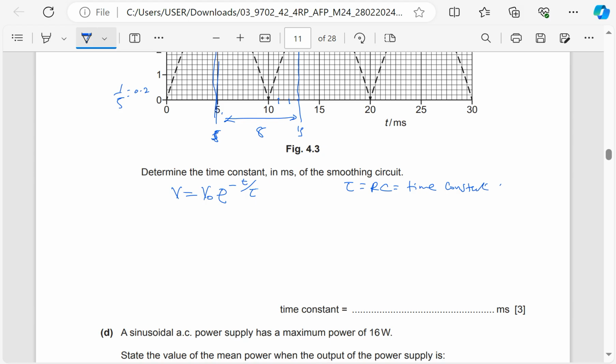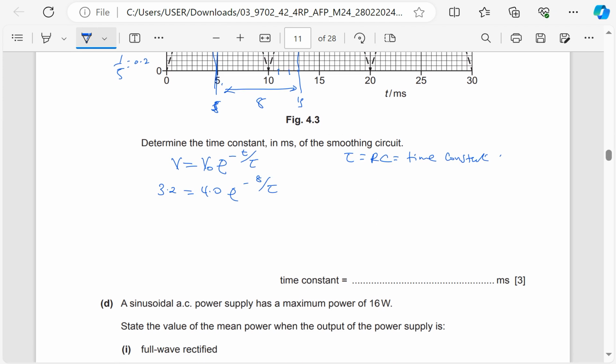Small t is the time of discharge. So V is 3.2, V naught was 4.0, e power negative, time of discharge 8 over the time constant tau. Introducing ln, ln of 3.2 divided by 4.0 is equal to negative 8 over tau.